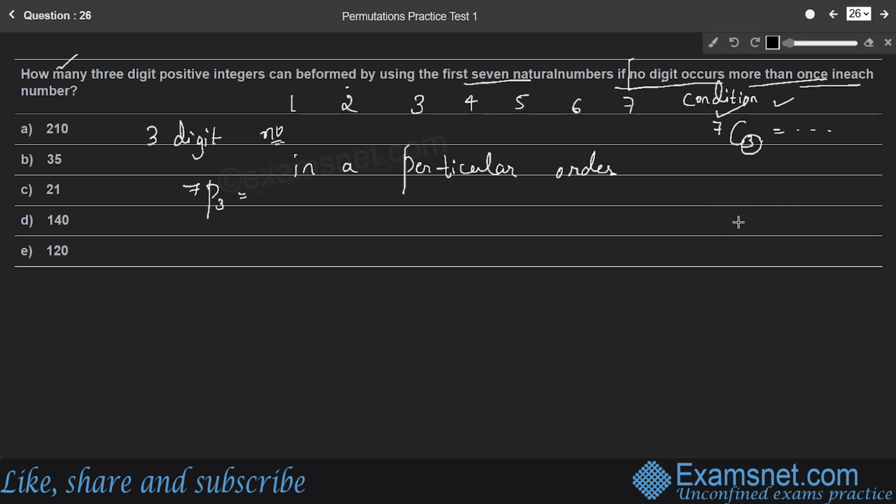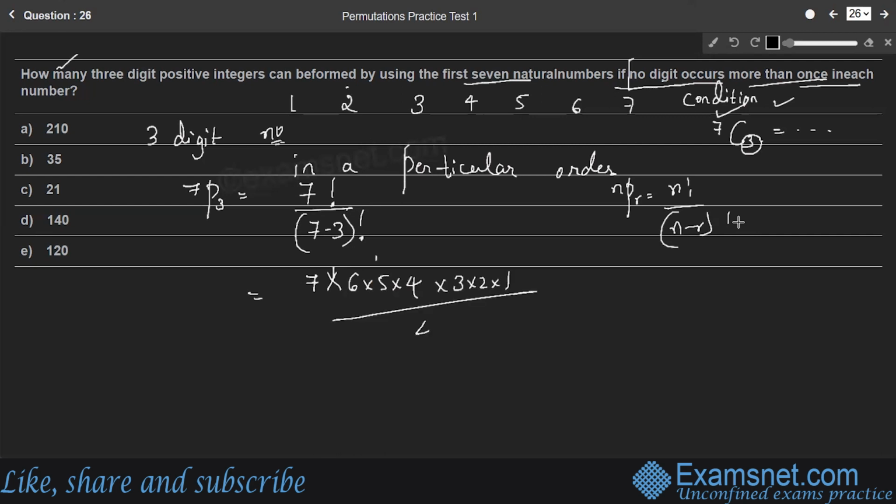7P3 is nothing but factorial 7 divided by factorial 7 minus 3, since nPr is factorial n by factorial n minus r. So factorial 7 is 7 into 6 into 5 into 4 into 3 into 2 into 1, divided by 4 factorial, which is 4 into 3 into 2 into 1.